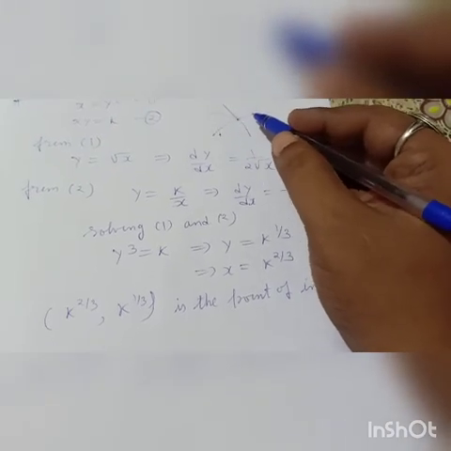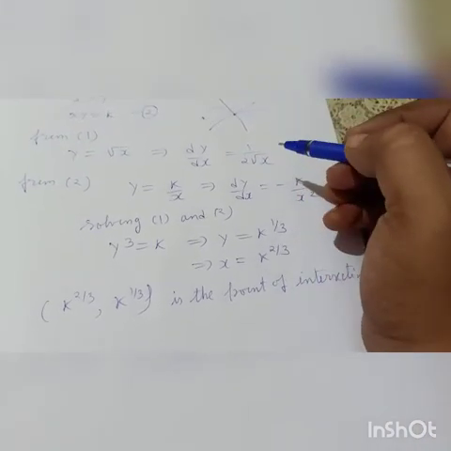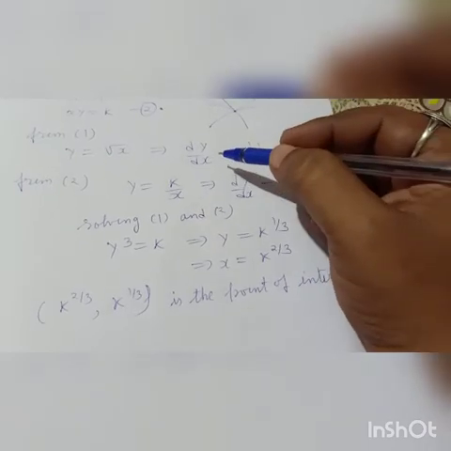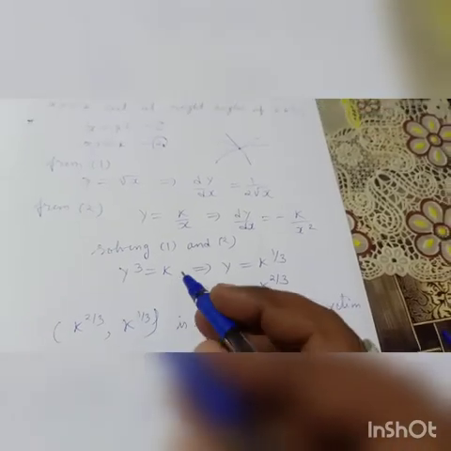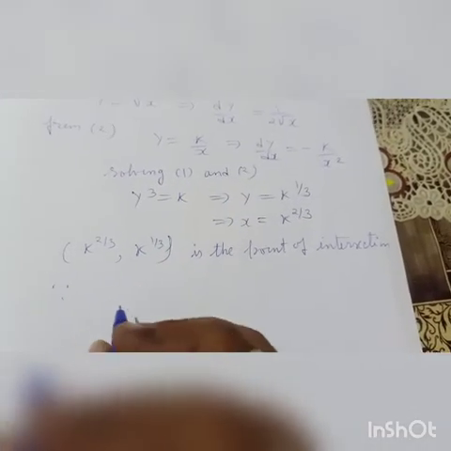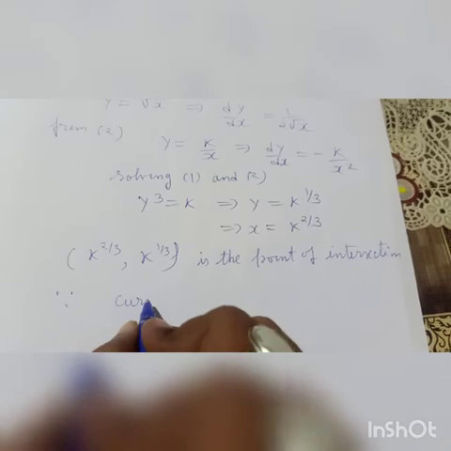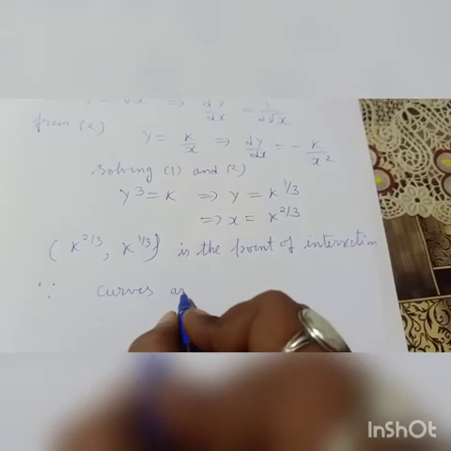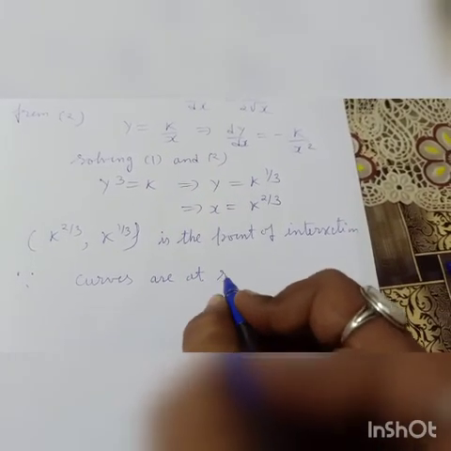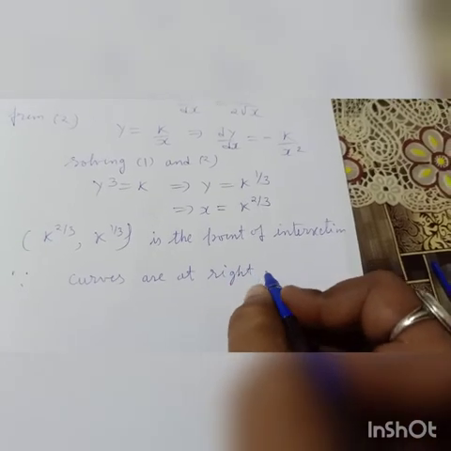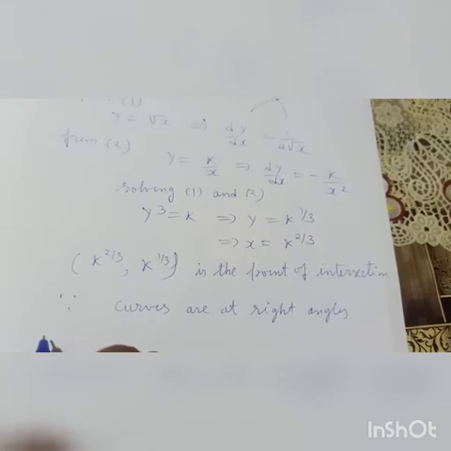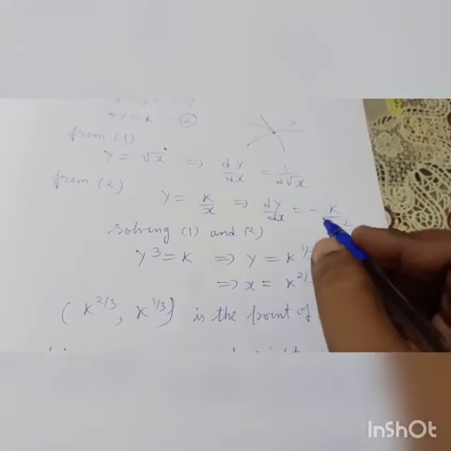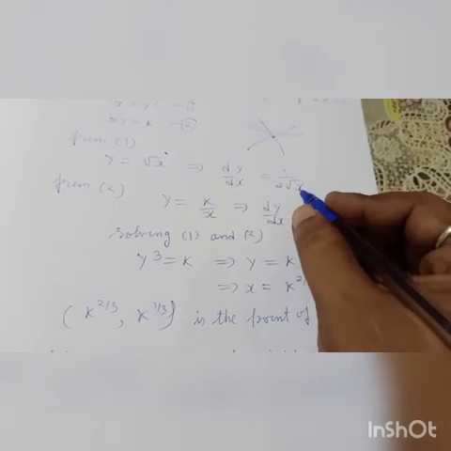Therefore, the product of their slopes must be equal to -1. The slopes can be found by using these two values of dy by dx at this point. Since the curves are at right angles, the slope of the first curve can be found by putting the value of x here.